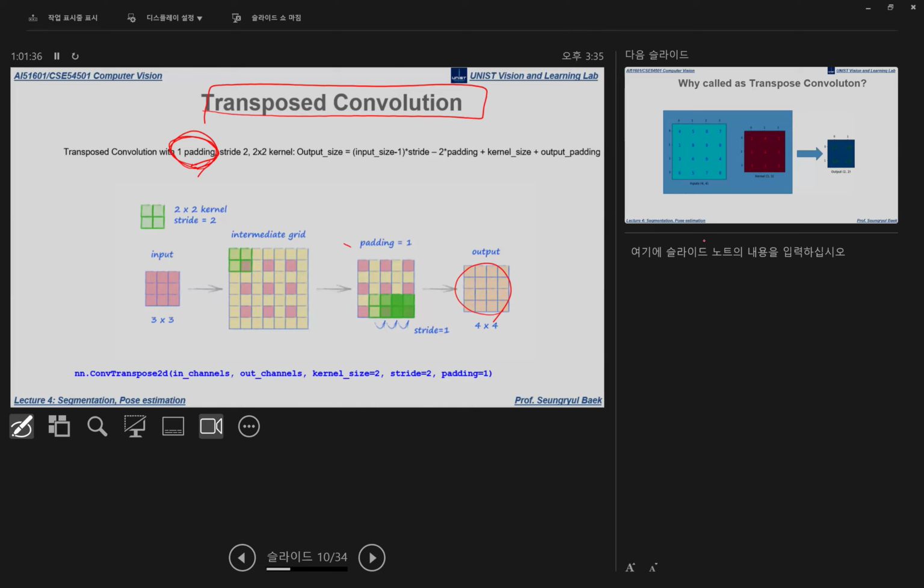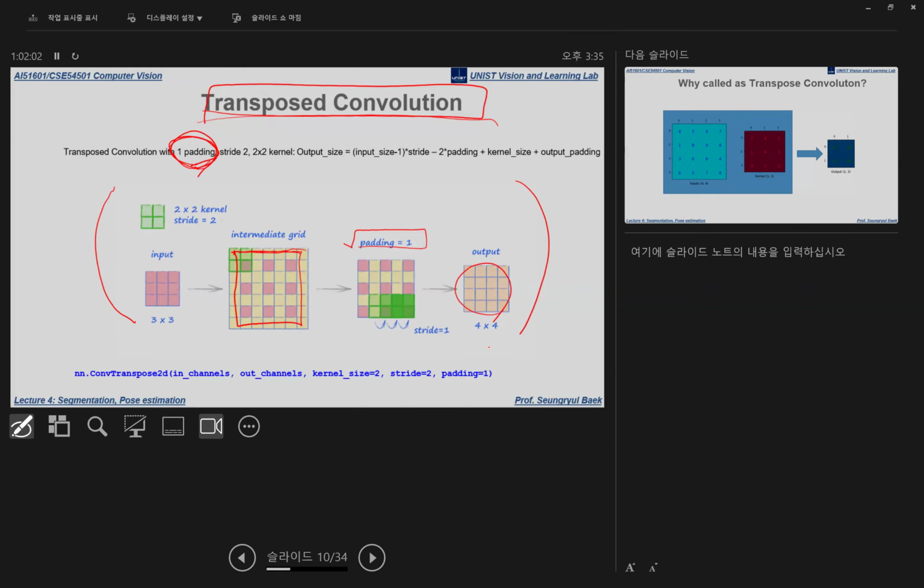But in transpose convolution, if we set zero padding as 1, it removes the padding by 1 pixel, okay? So the padding also has the opposite meaning to that of the convolution operation. So this is how the transpose convolution works, okay?